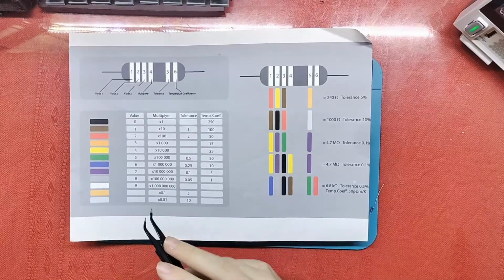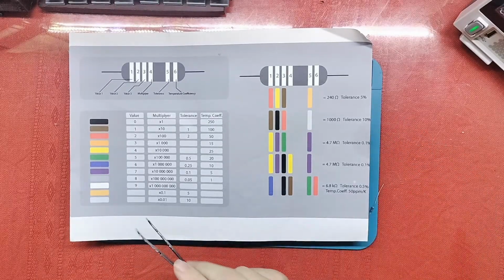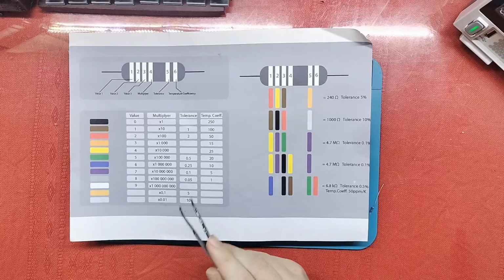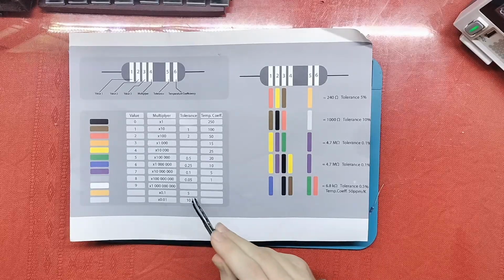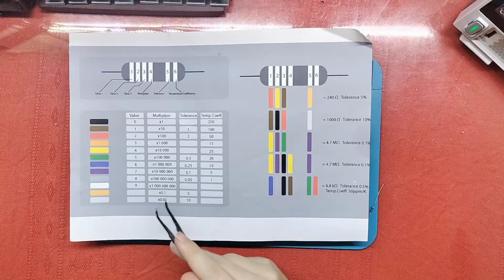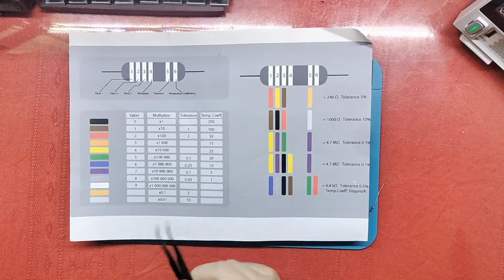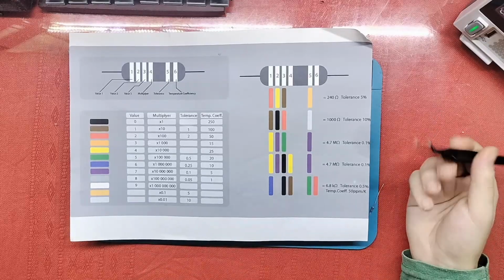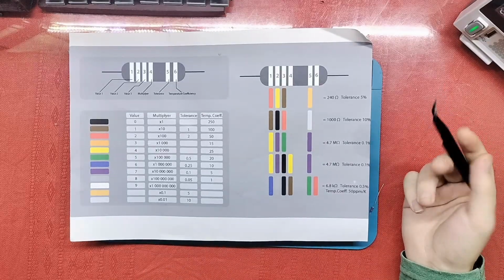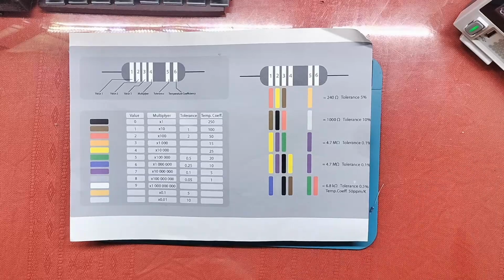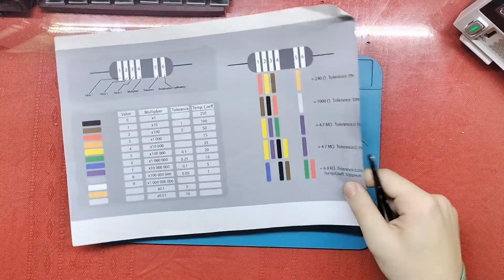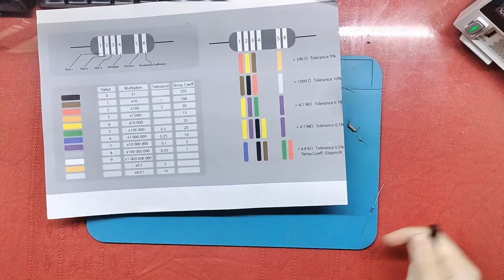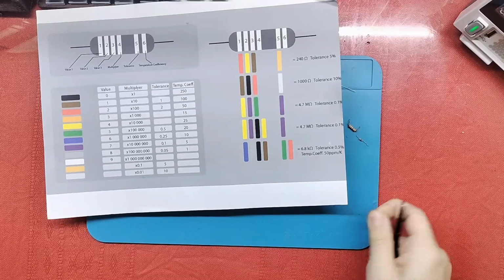Those colors are pretty much only used as the tolerance value. You almost never find them as a multiplier, and that's the only other place you can find them. So that's how you usually find the value of a resistor.